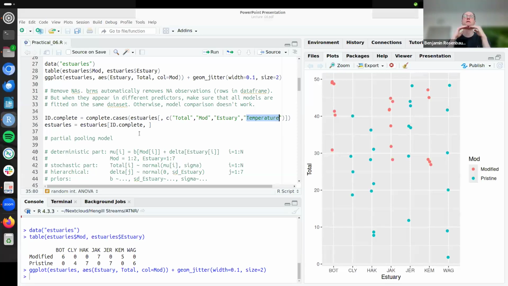But if you run different models with different combinations of predictors, then sometimes one data set will have fewer data points than another, because you include a predictor which has an additional NA in a row which was okay before. Then the models would be run on different data sets.